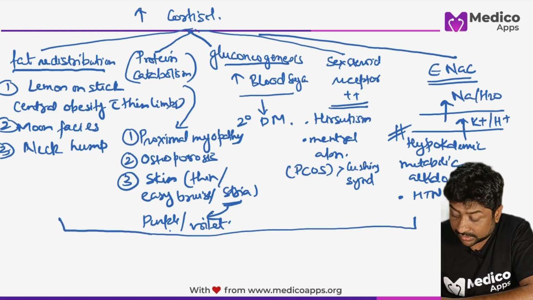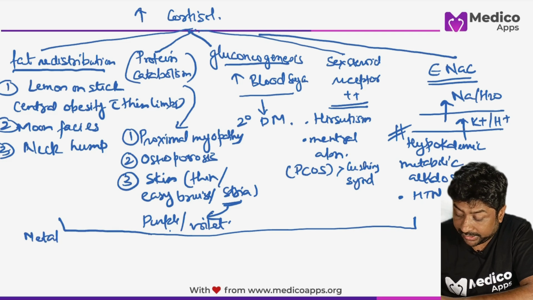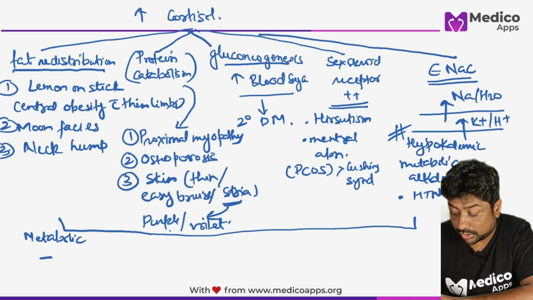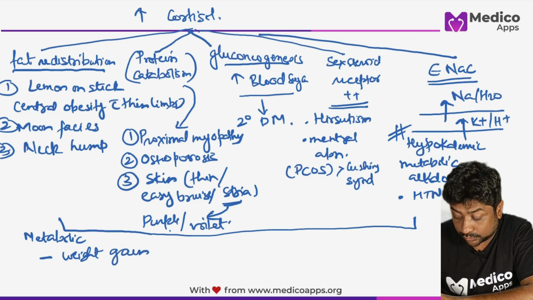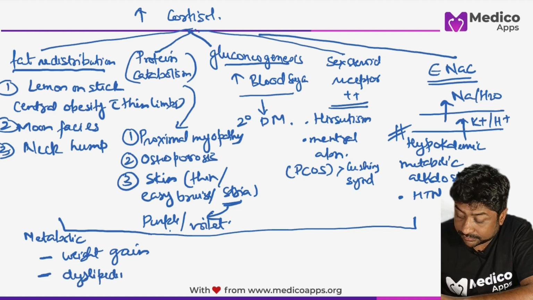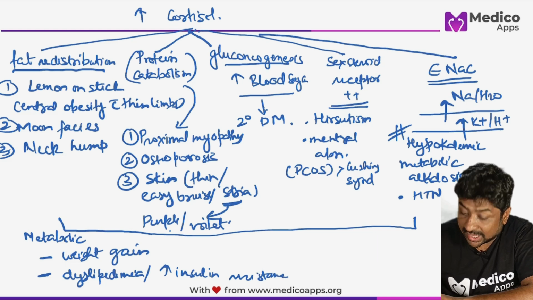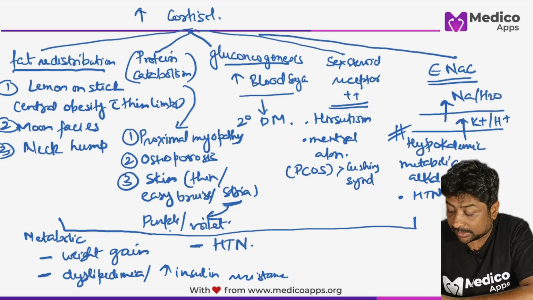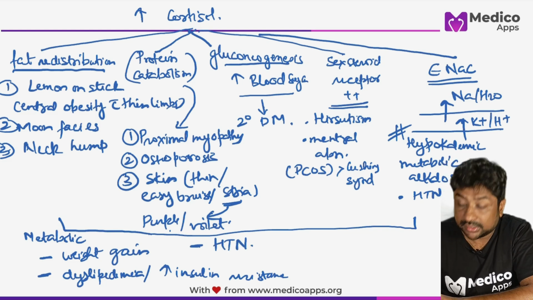Overall, if you see, all these things will predispose to a lot of metabolic disorders or metabolic manifestations. Important being weight gain. So all these patients will have a lot of weight gain. There will also be dyslipidemias because of the increase in the insulin resistance, and with all these weight gain and metabolic features, remember, there will be development of hypertension.